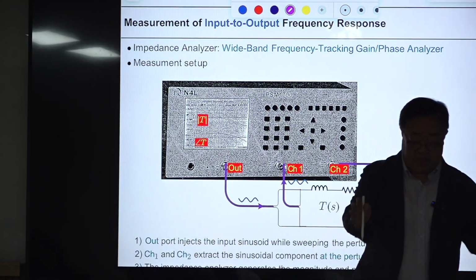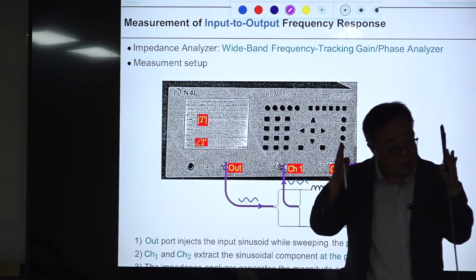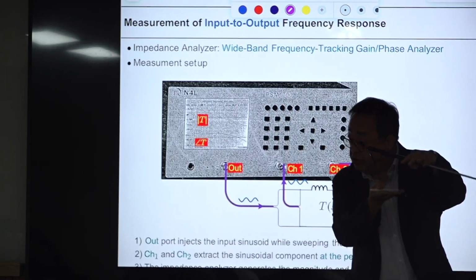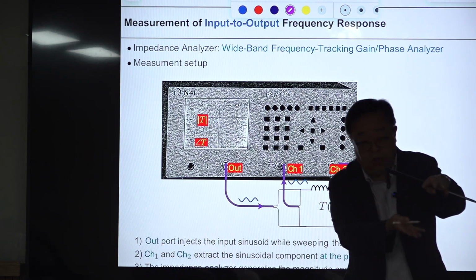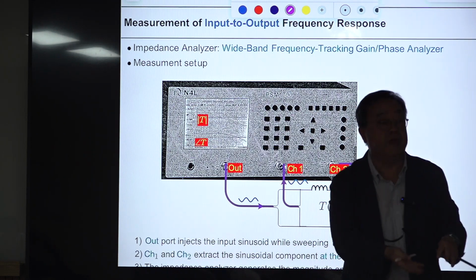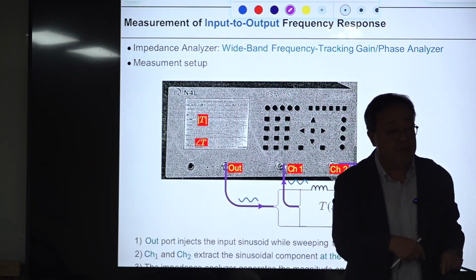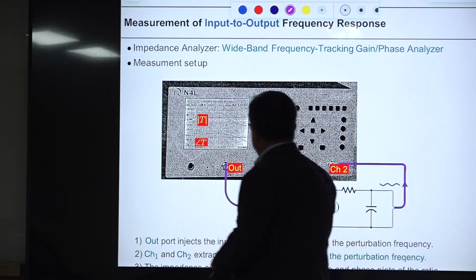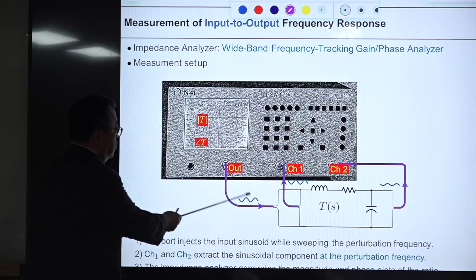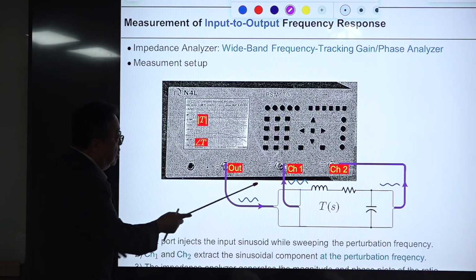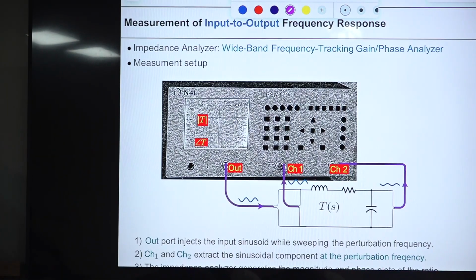So you can set up the range of the frequency sweep, and the magnitude can be changed during the operation if necessary. Suppose the sinusoidal waveform is coming out from this output terminal.